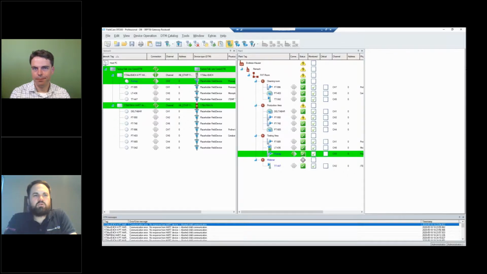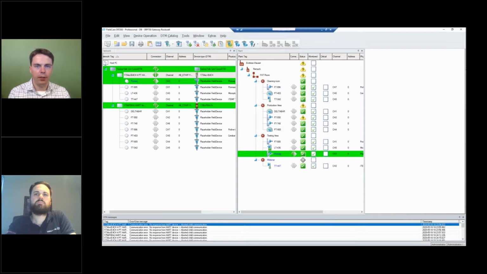Ryan asks, what is the difference between the SRP 700 solution and that of an FST IoT platform? So let's say the SRP 700 is an on-premise solution that is not requiring any cloud connectivity.